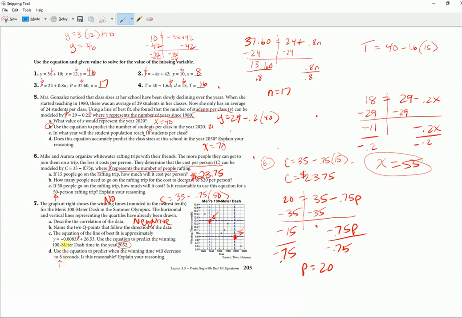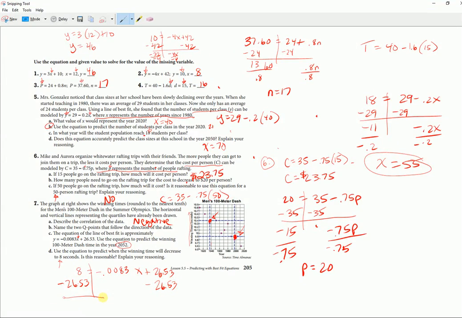This is going to be the y variable, since the winning time is this variable right here. So we're going to put in 8 for y. 8 equals negative 0.0083x plus 26.53. And we'll make our math wall. I'm going to be honest, I'm going to run into trouble trying to do all this on the calculator because I'm not going to remember all these decimals, but this is the process.